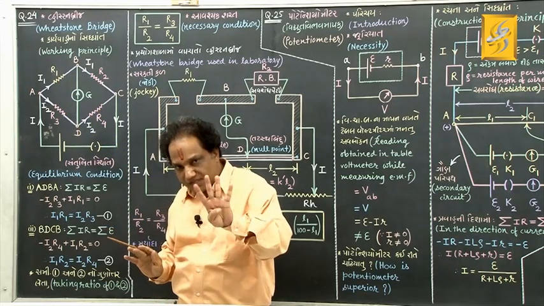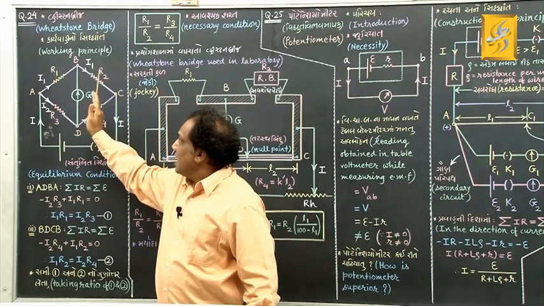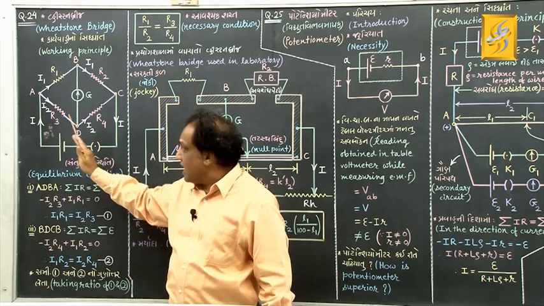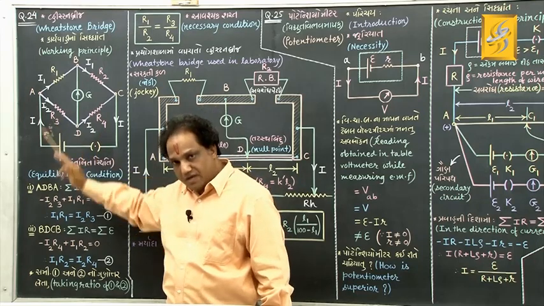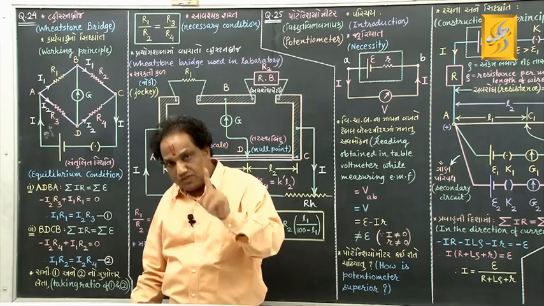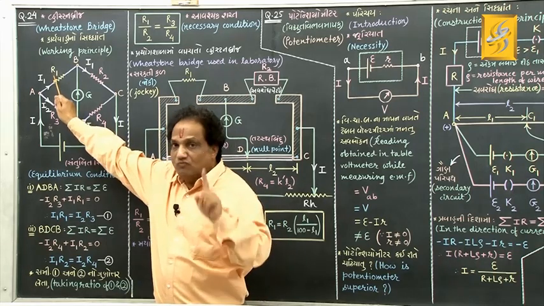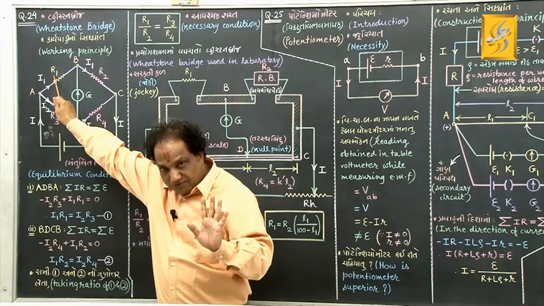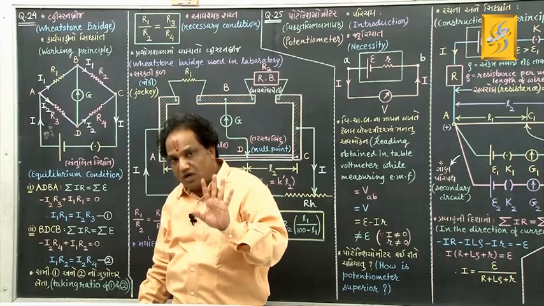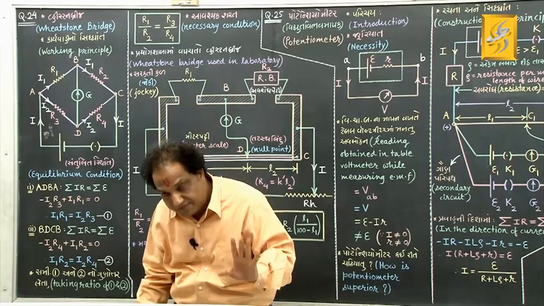Totally there are four resistances: R1, R2, R3, R4. Out of four resistances, one is unknown. Suppose R1 is unknown, whose value we have to find out. And the other three, R2, R3, R4, are known resistances, correct?